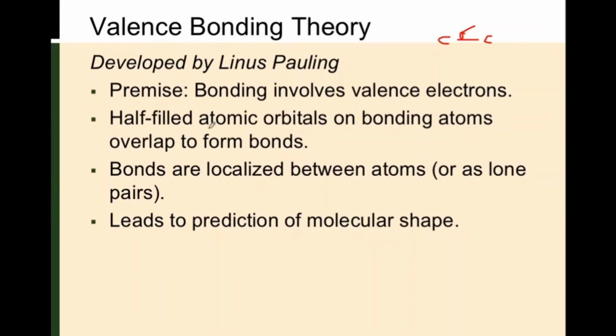And the half-filled requirement is because every orbital can only contain 2 electrons, and those orbitals must overlap and those electrons must be shared to form a covalent bond. And so if we have a fully filled atomic orbital, then it cannot be used in bonding in a normal covalent bond.